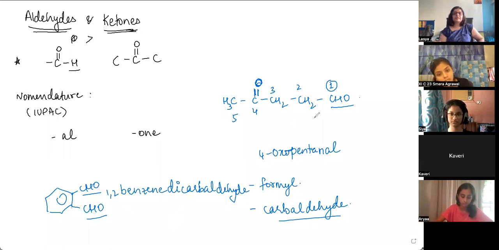So when it's in the form of a prefix, you use formyl, and in other situations where aldehyde is the functional group but it's in the middle of a chain or something like that, you can end up using carbaldehyde. When you cannot end the name in AL, then you can use carbaldehyde.